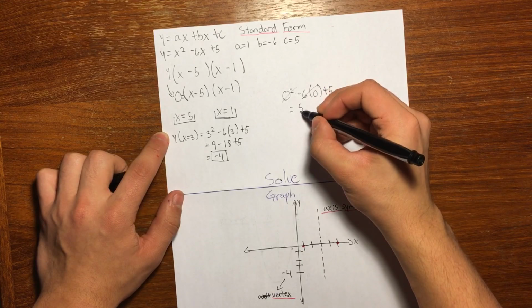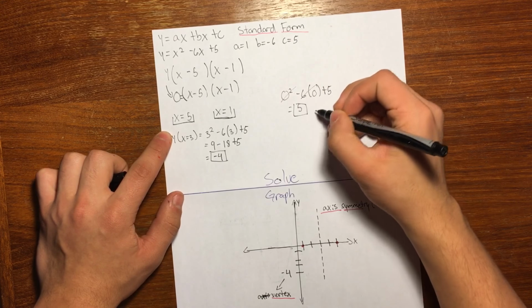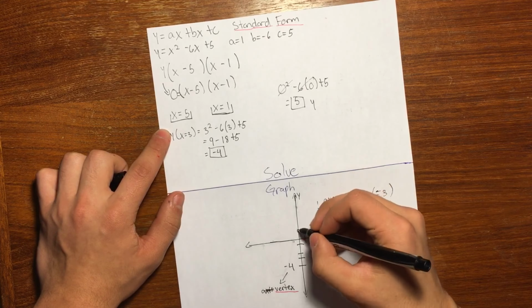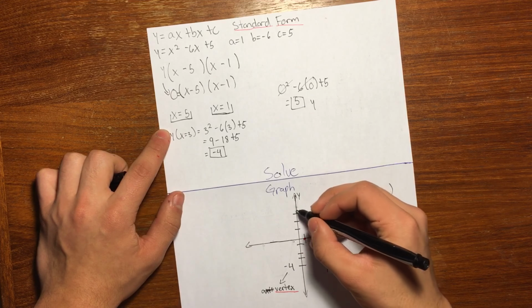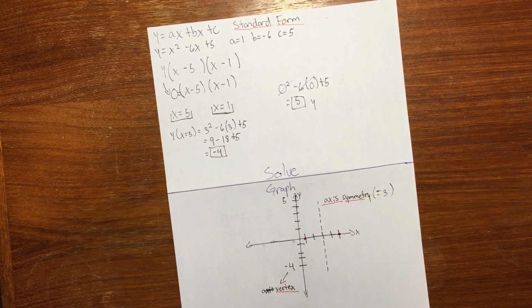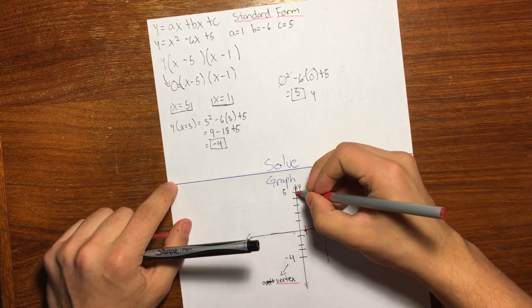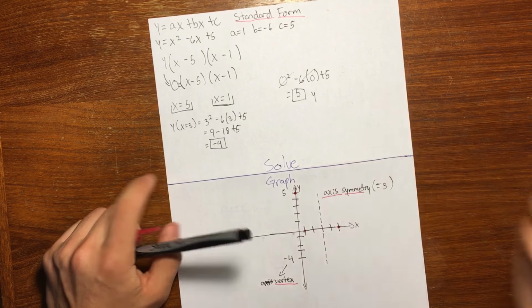So at the end, you're just going to have a positive 5. Now the positive 5 becomes the y. So right here in our graph, we're going to put that right here, 5. And that's where the parabola is going to intercept the y-axis. So let's write that down.